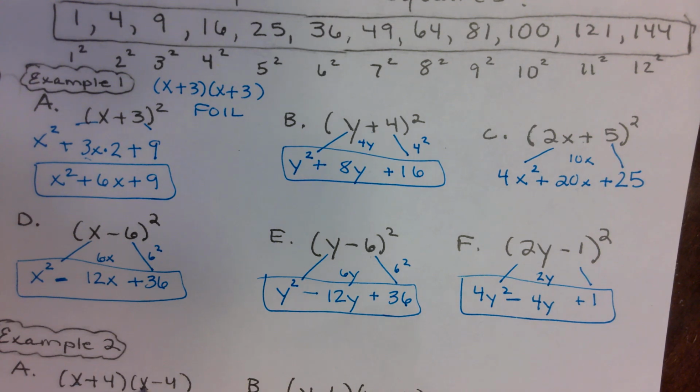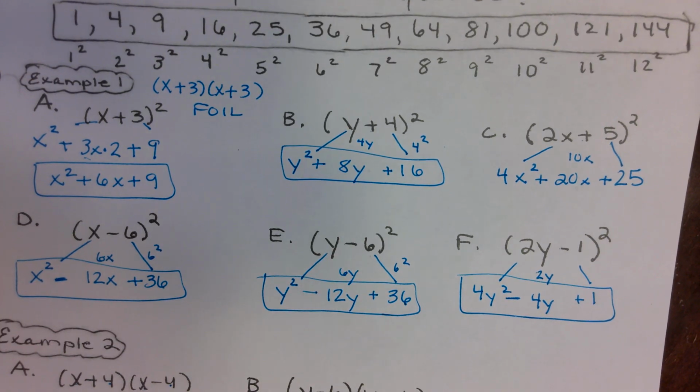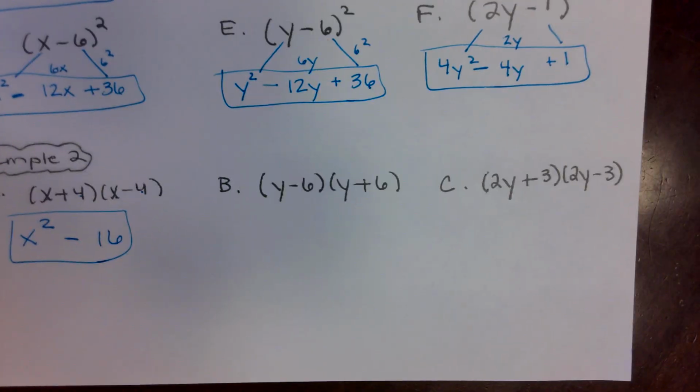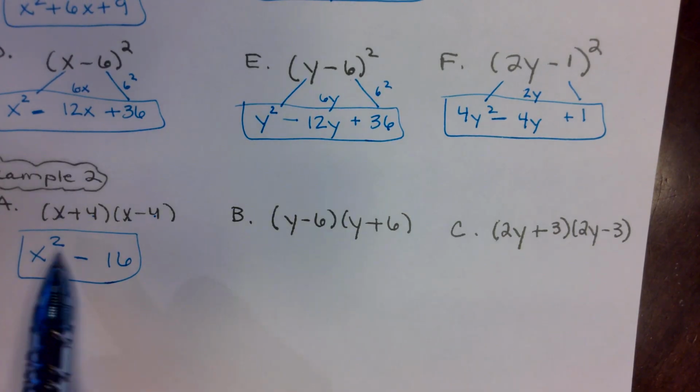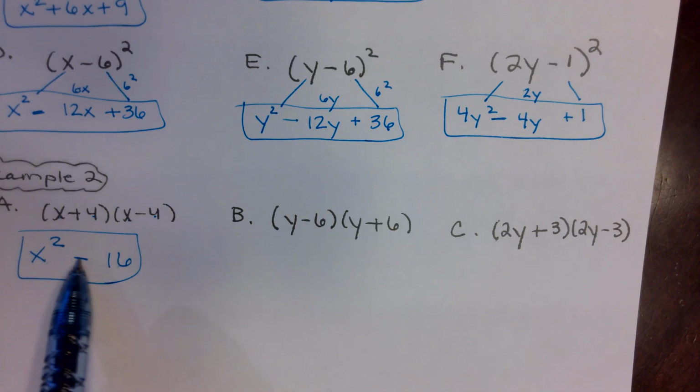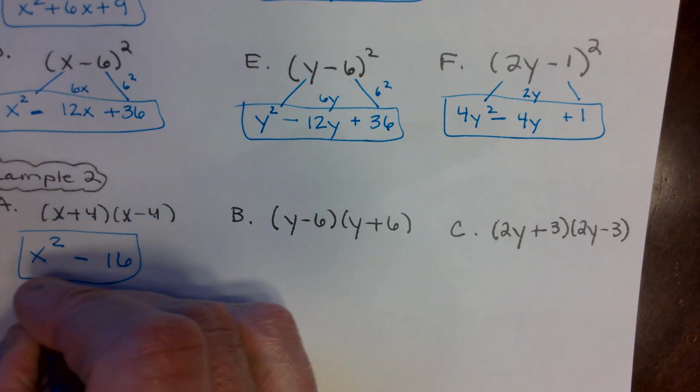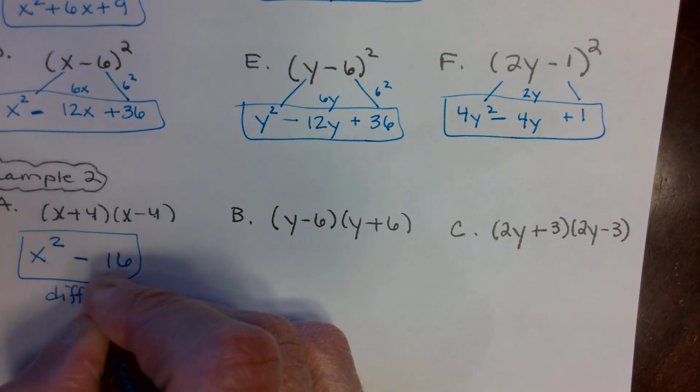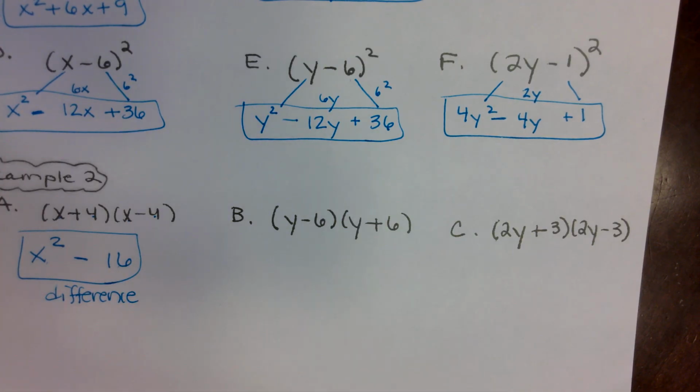So x times x, x squared, 4 times 4, 16, done. How cool is that? Oh, you missed it. I didn't have it on the screen. It's that simple. X times x is x squared, 4 times 4 is 16, and it's minus because it's a difference. Same thing here.